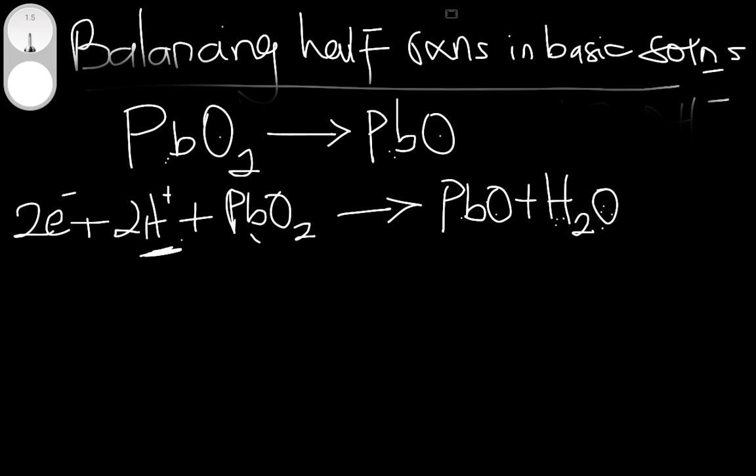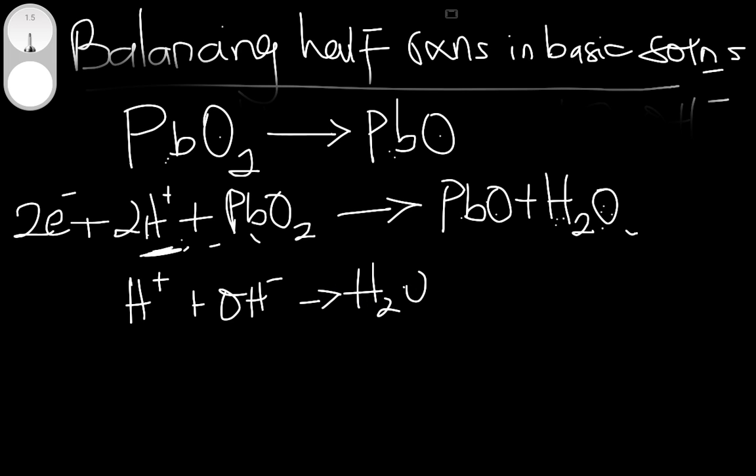If we're going to introduce hydroxide, we introduce it to the left hand side, and we introduce it to the right hand side. If we introduce hydroxide here, the OH will react with our hydrogen. For example, hydrogen ion plus OH ion gives you water.